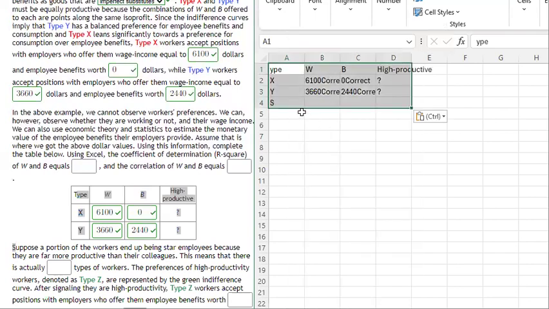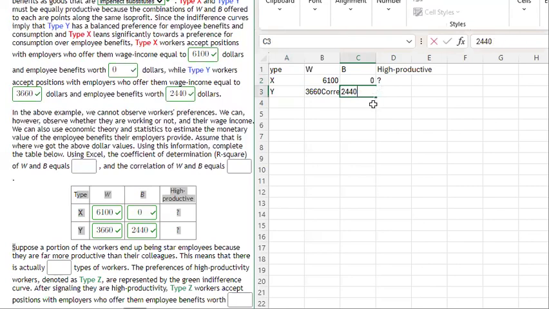I'm going to replicate this table in Excel. I got 6,100 there. I got 0 here. 2,440 there. And I don't know if these are high productive workers or not.